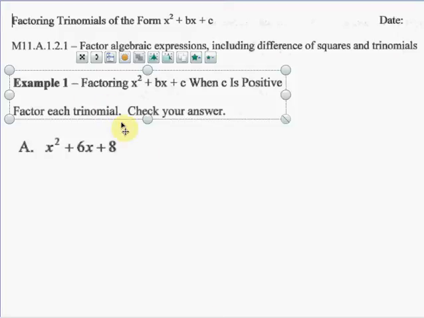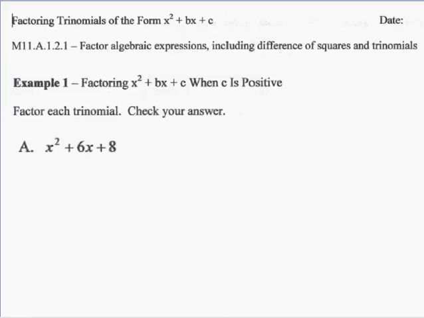Alright, so here's the deal. When you're factoring a trinomial, you're going to look at that sign right there. Always look at that sign when you're going to factor. It's going to help you set up your parentheses.